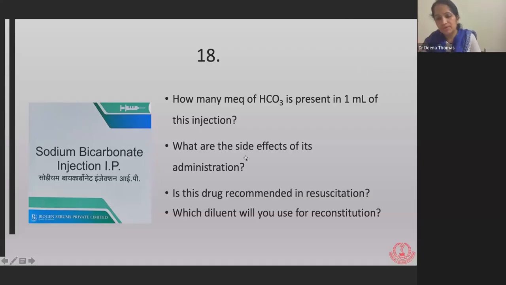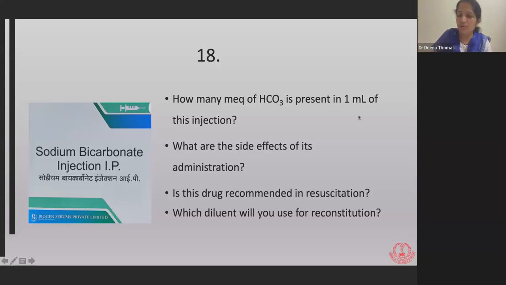We said extravasation is one of the side effects. And CO2, very good. Dr. Muhammad has answered CO2. This bicarb will cause a buildup of CO2, which will cross the blood-brain barrier and can cause stupor and coma in the baby. That is one thing you should be very wary of when you give soda bicarb injection.